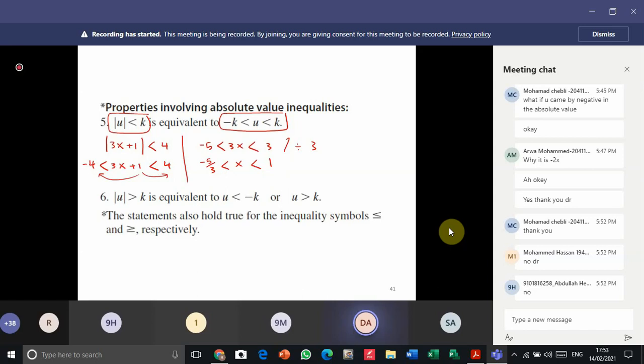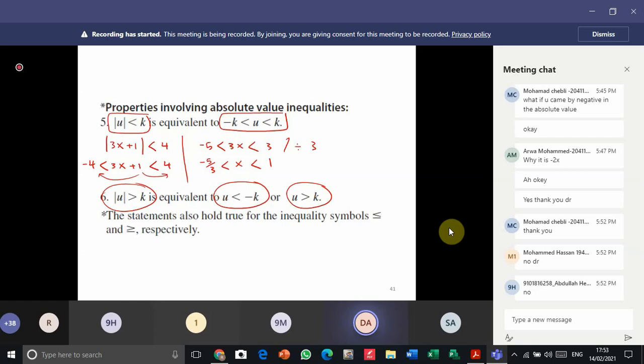Okay, but if we have absolute value greater than k, we need to separate it into two inequalities. One of them is u greater than k as it is without absolute value, or u less than minus k.